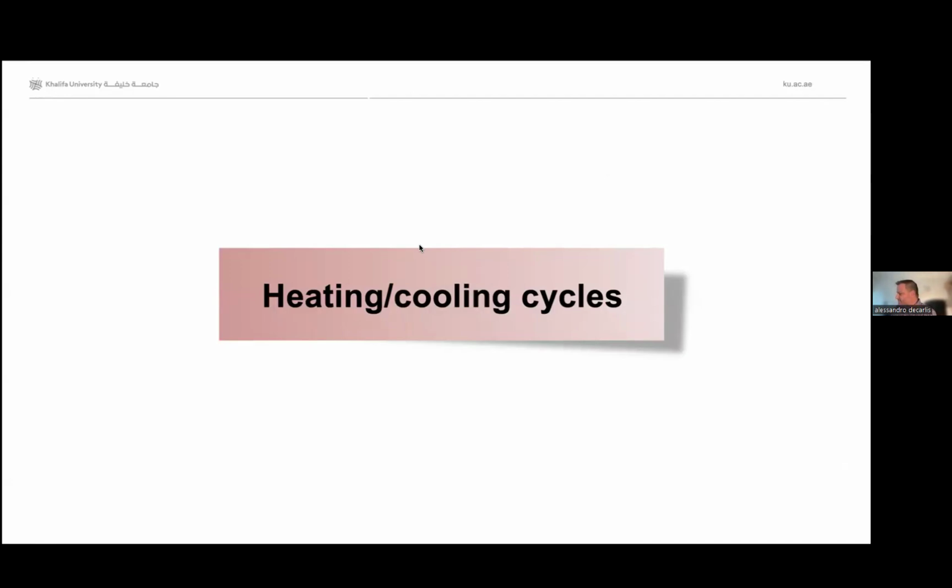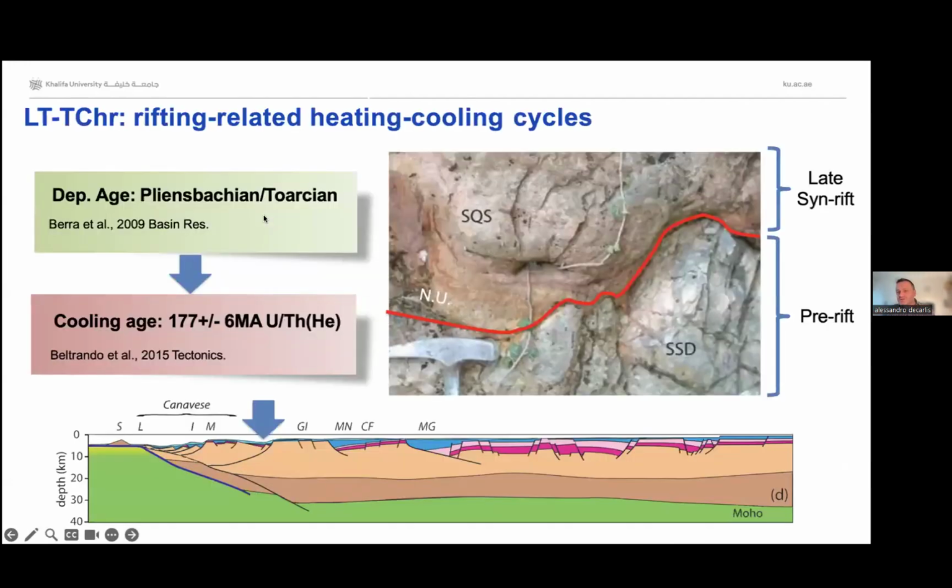We did this with the specific aim to find some response to the main problem we had at that time in the stratigraphy in the field: how our knowledge in the field and about the heating cooling cycles in the chain may help us define some important things about the evolution of margins.